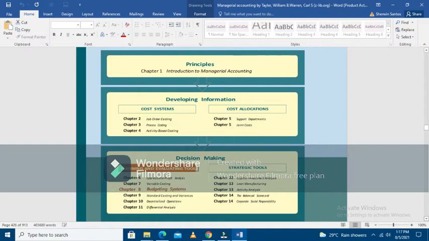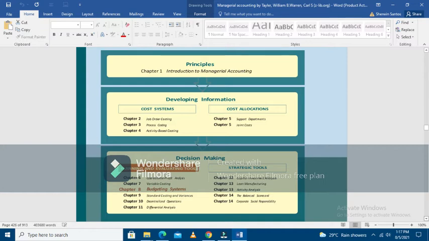Now since we are introduced to managerial accounting and have developed the costing approaches, we will be able to look at planning and evaluation tools. So here we are at the last part, which is decision making. Some of the items here you have already encountered.